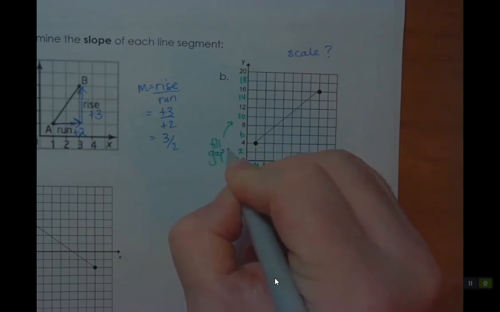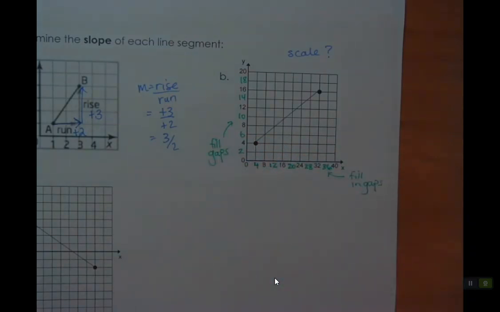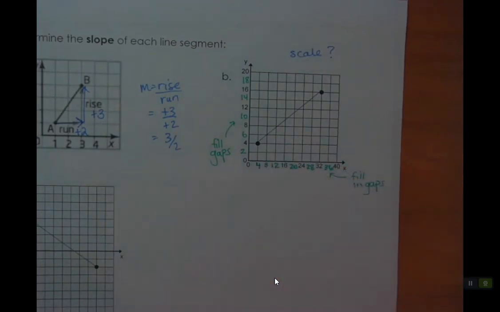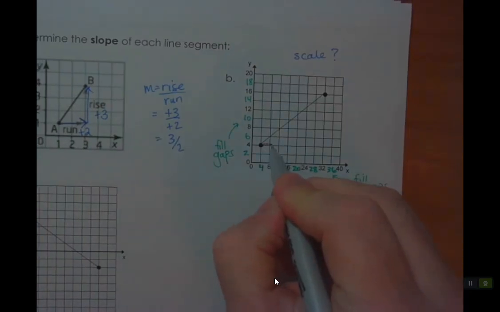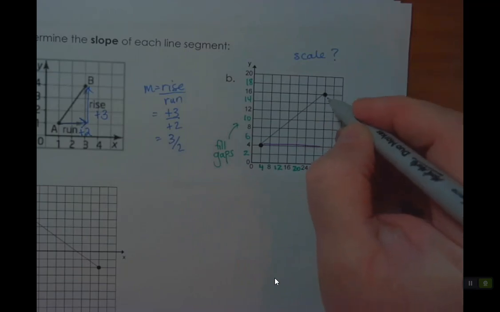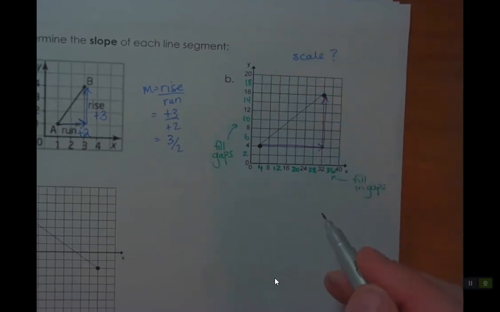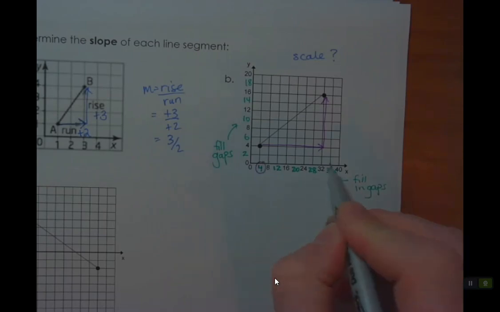Now, if you don't need to, that's fine. I get that. But that's going to help us to determine where I start and where I go. So, if I'm still looking at this, I want to ask myself, how far did I run? How far did I rise? Well, here I went from 4 to 32.